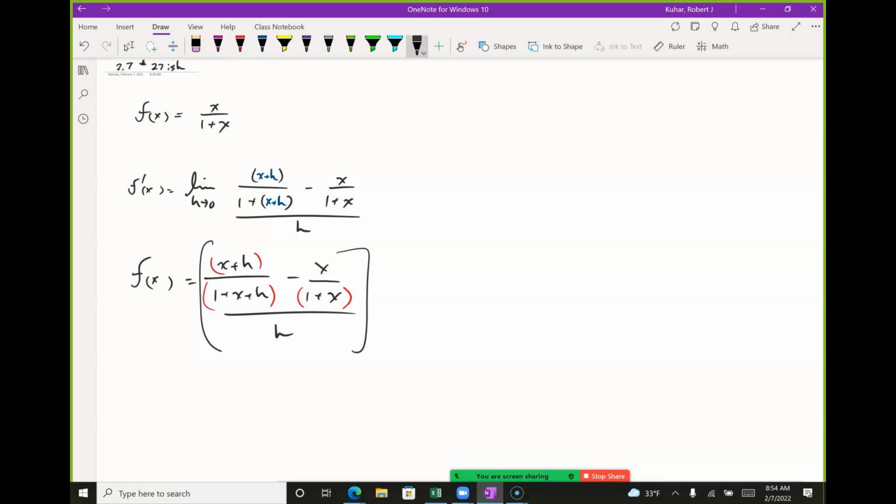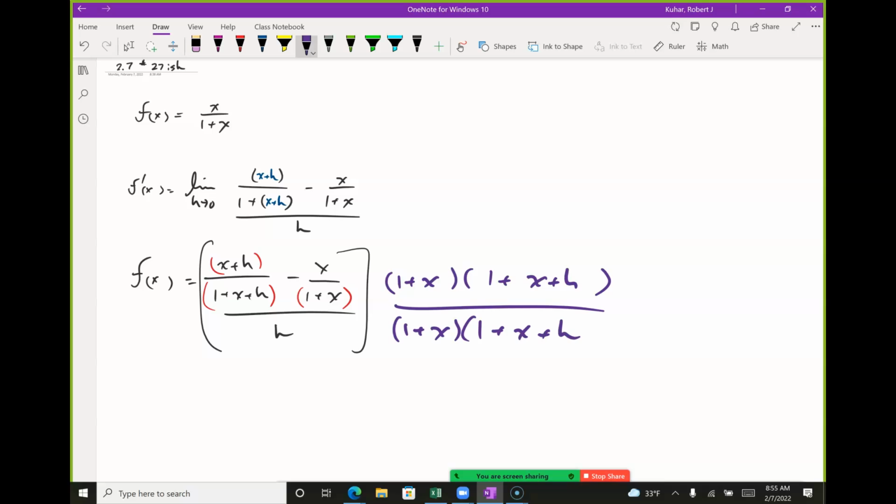Interior. Is it 1 plus x? So far? 1 plus x plus h. Yes. All over itself. 1 plus x times 1 plus x plus h.